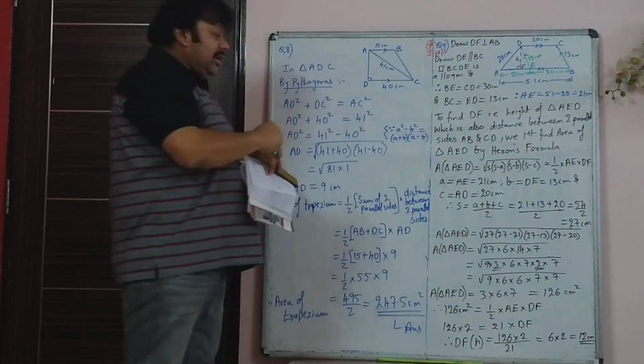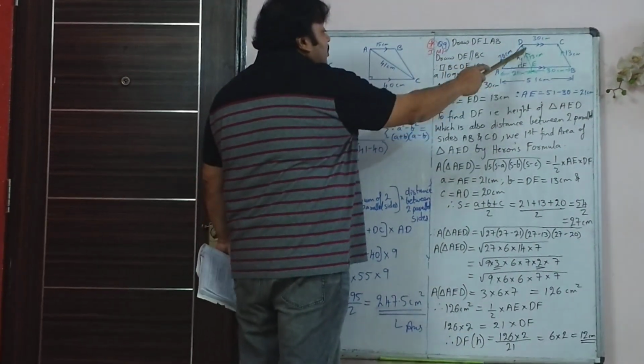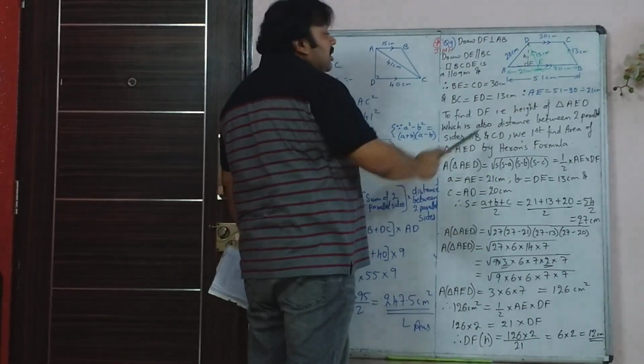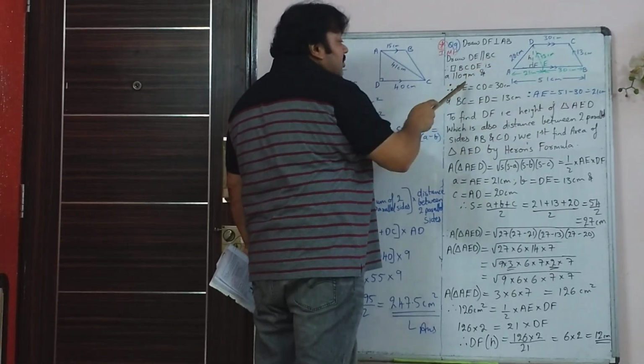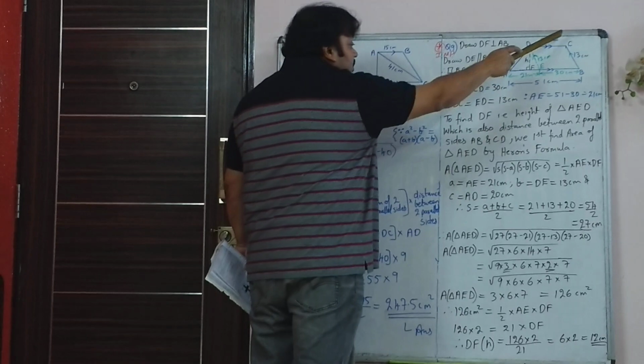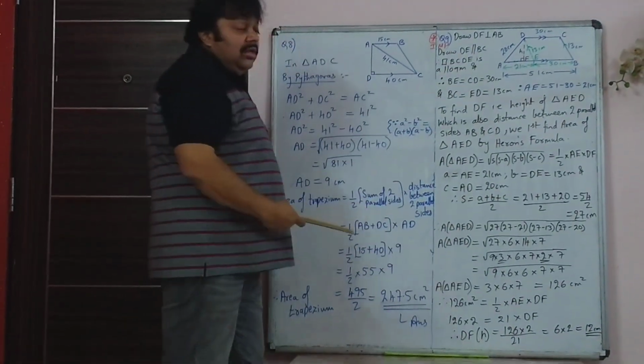Basically, now you know all three sides of triangle ADE. AE is 21, DE from construction you have got as 13, and AD was already given as 20.